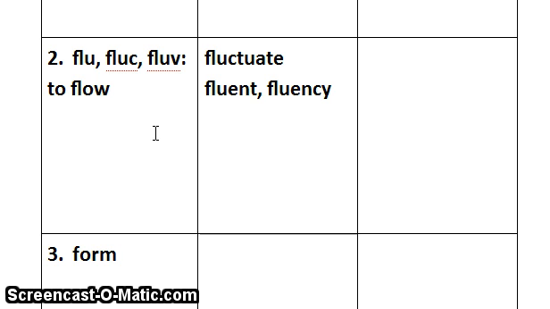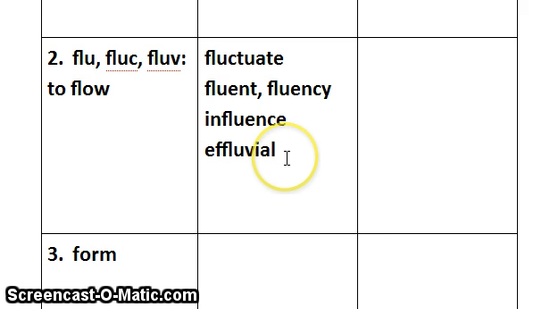Another word you might use with flu, fluke, fluve is influence. If somebody influences you, they might be a good influence or a bad influence, but it's kind of like their ideas flow toward you. And then the last one, you probably won't see it used, this fluve, but there is a word called effluvio that describes, it's actually used effluvial plain.